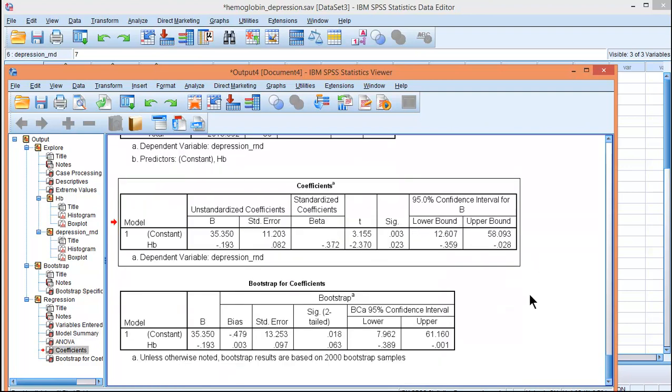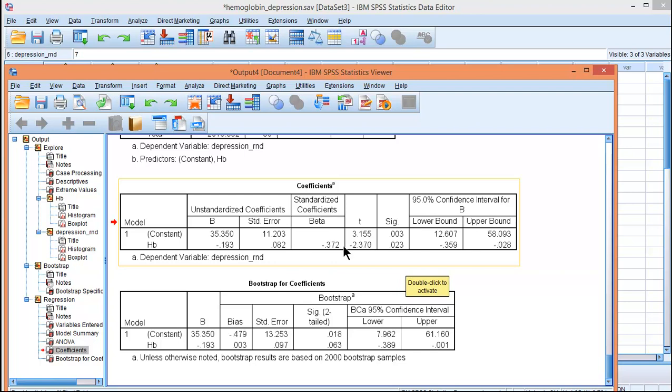So here is the coefficient table which we should be looking at, and in particular the standardized beta weight in this study. And you can see that it's negative 0.372, and it's statistically significant, p equal 0.023. The unstandardized beta weight is negative 1.93. And the significance is accorded to both of them.